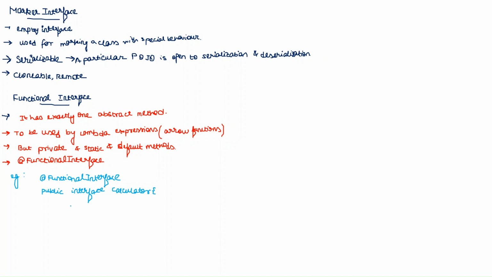Within this interface body, I would specify a method int calculate with two parameters, int a and int b. The implementation of this is to be given by the implementing classes of these functional interfaces, which are basically the lambda expressions where we are going to use them.